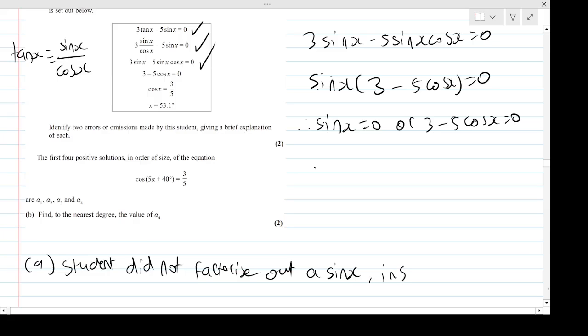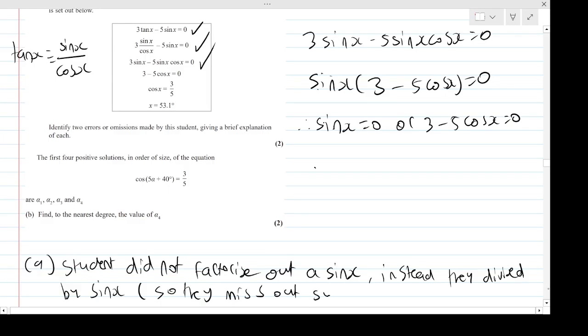And instead, they divided by sine x. And so they miss out solutions from this equation here.